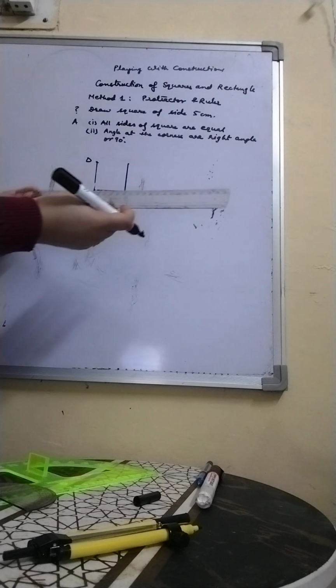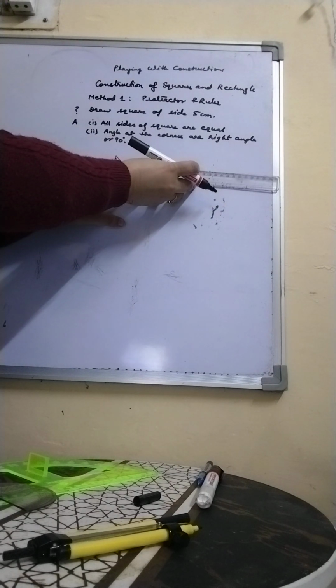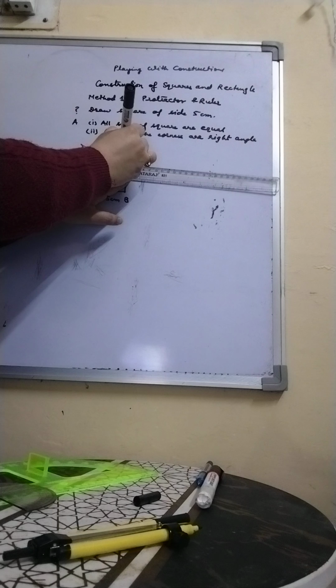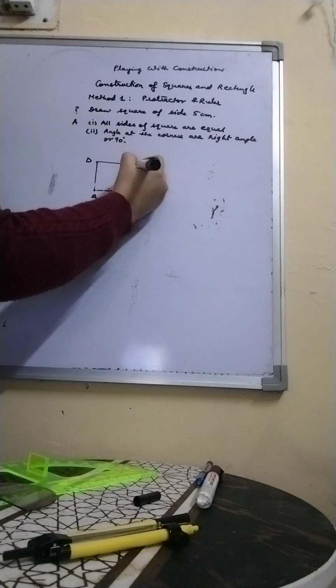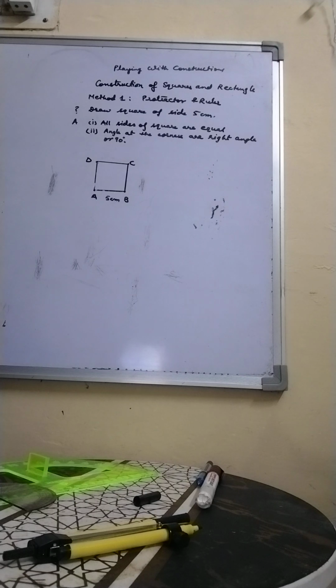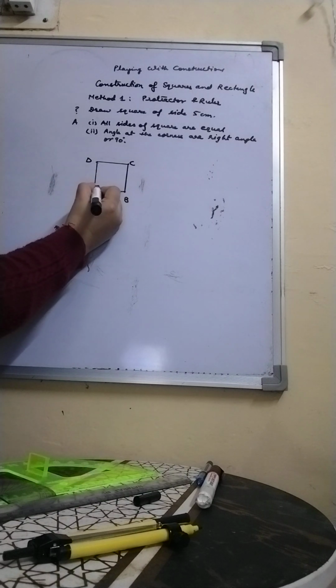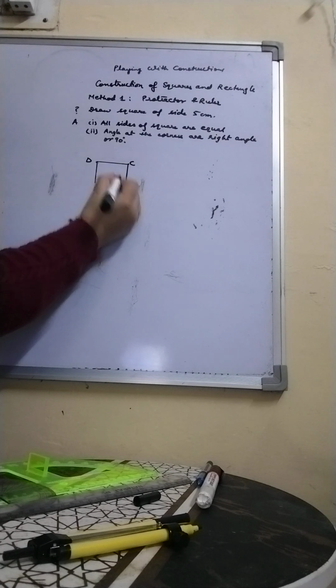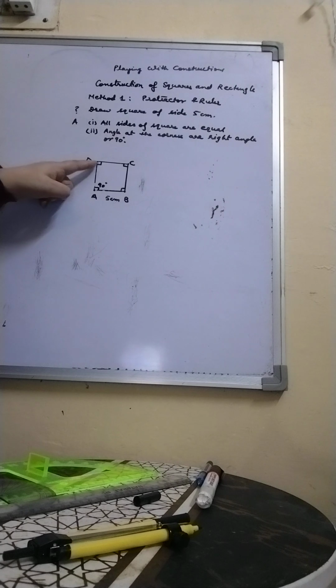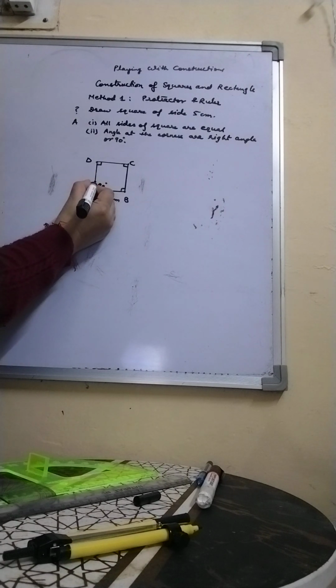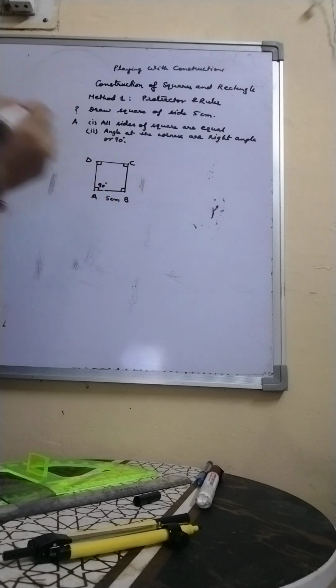Again it is at 5 centimeter. So we have already marked it. Now you join these two points to get the square. So this is A, B, C, D. Each angle is 90 degree, and 90 degree is marked like this. You draw two lines, horizontal and vertical. So each angle is 90 degree and the sides of the square are 5 centimeter each.